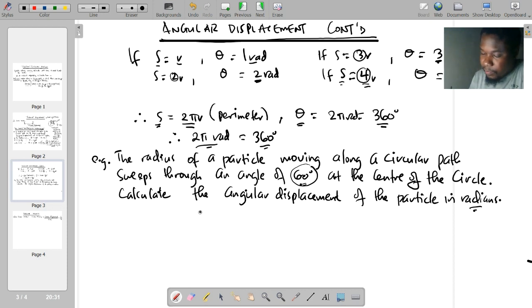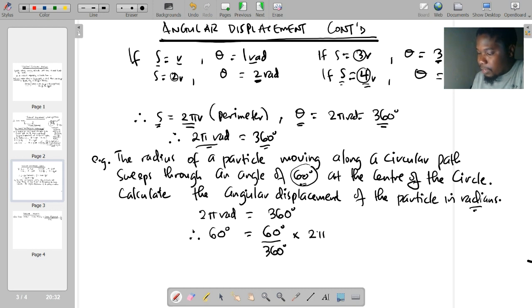First thing we know is that 2 pi radians is equal to 360 degrees. Therefore, what we're given here is 60 degrees, which will be less. So we write 60 degrees divided by 360 degrees multiplied by 2 pi radians. When you calculate this, 60 over 360 is 1 over 6, and 2 into 6 is 3.